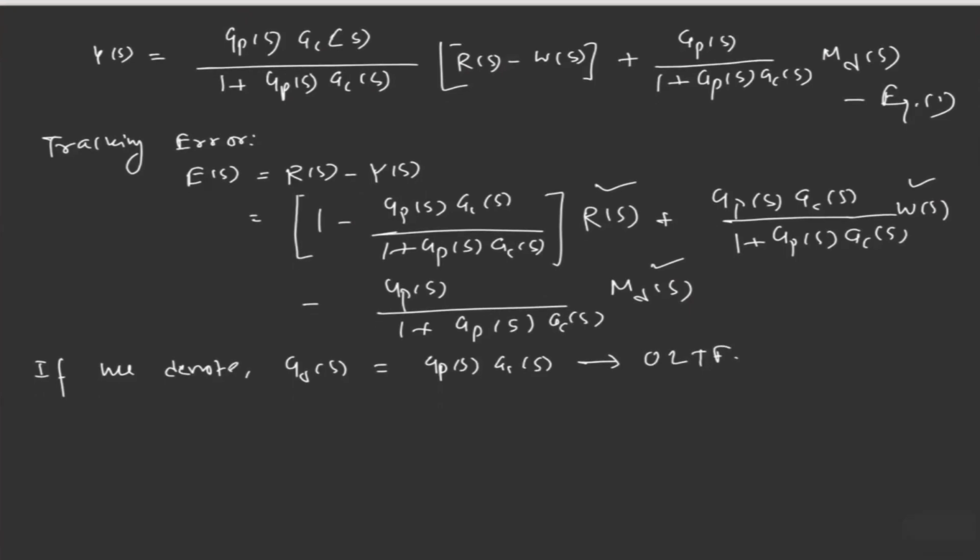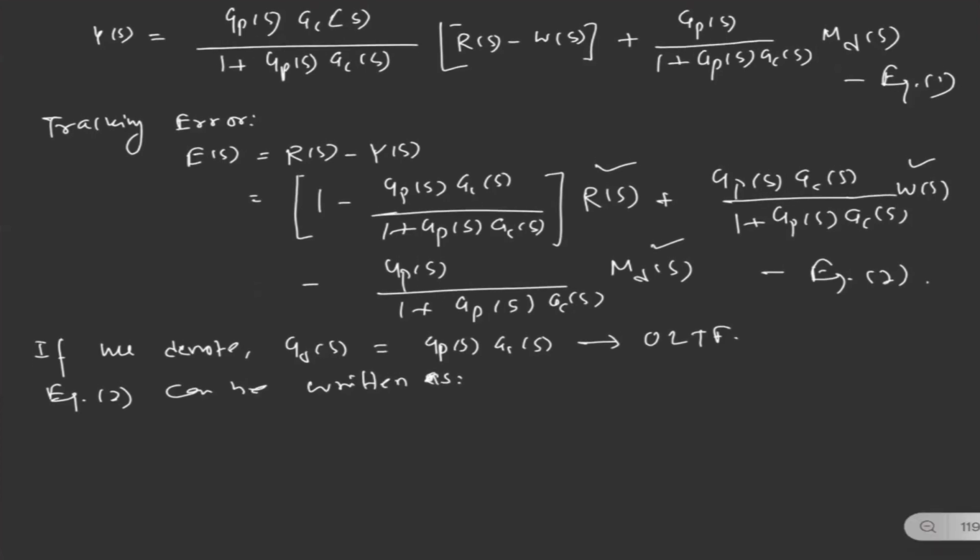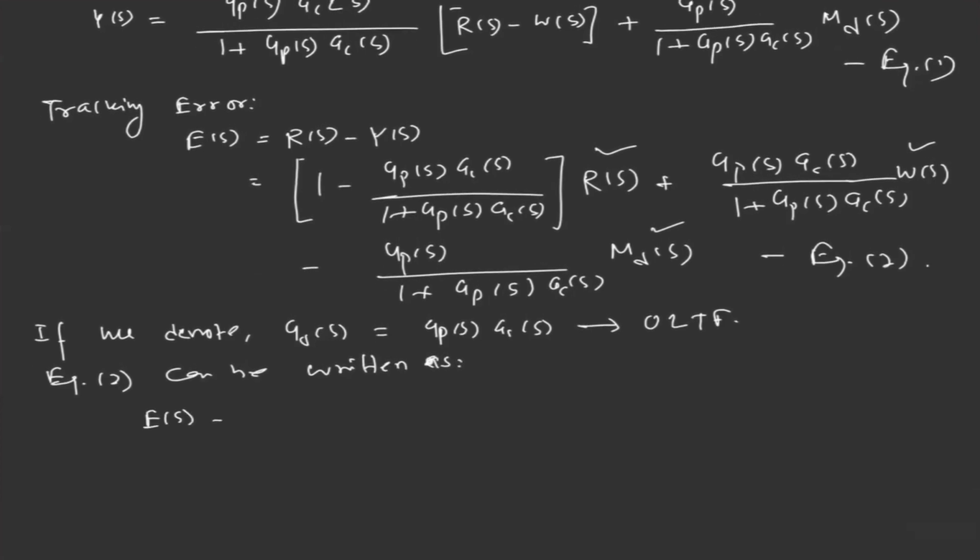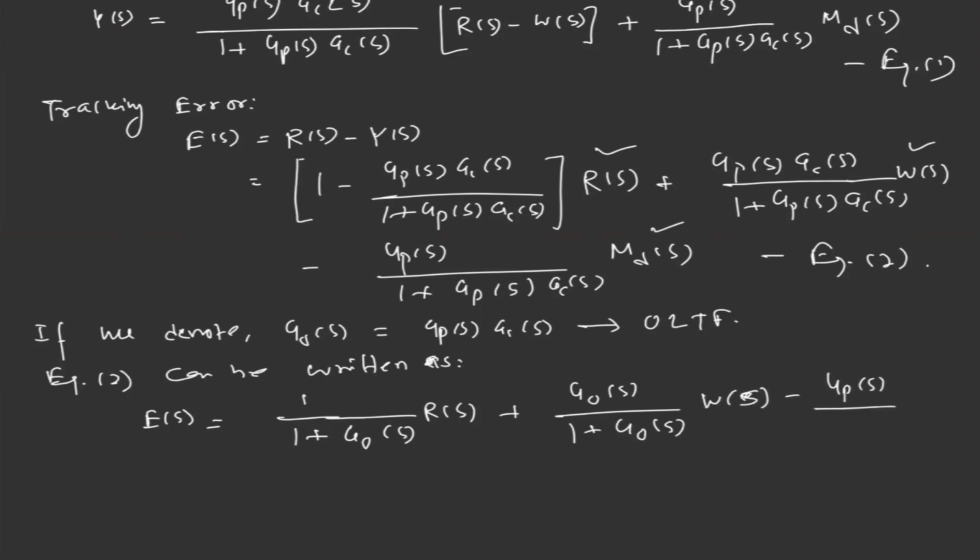And in terms of G naught of S, we can write equation number 2 as E of S equal to 1 by 1 plus G naught of S into RS, plus G naught over 1 plus G naught of S into WS, and minus GP of S over 1 plus G naught of S into MDS.